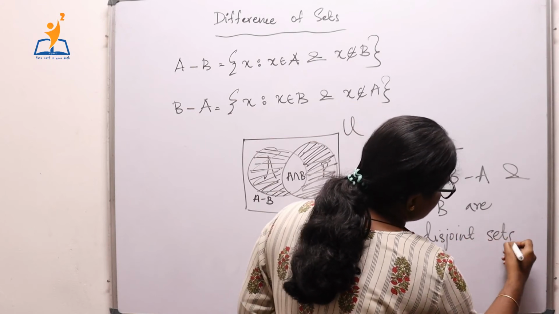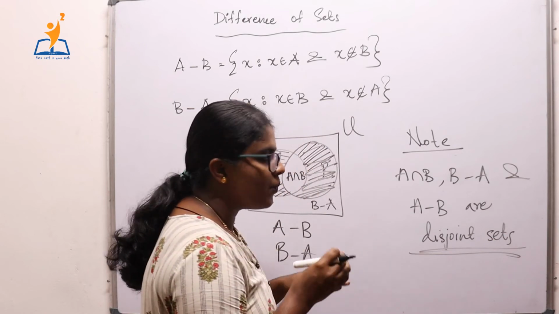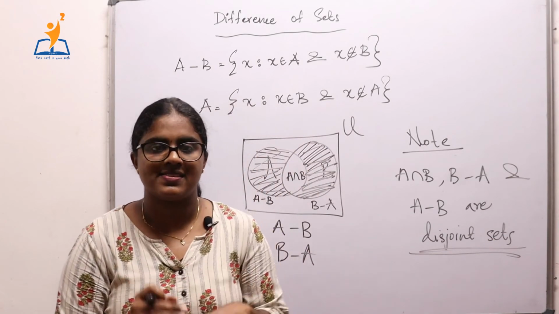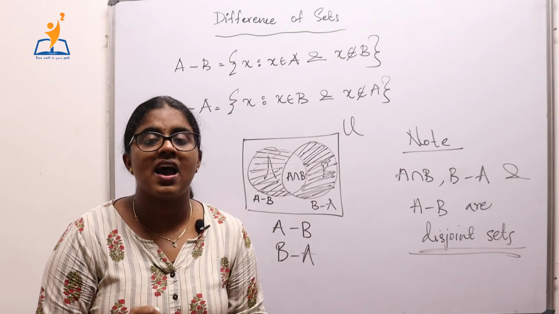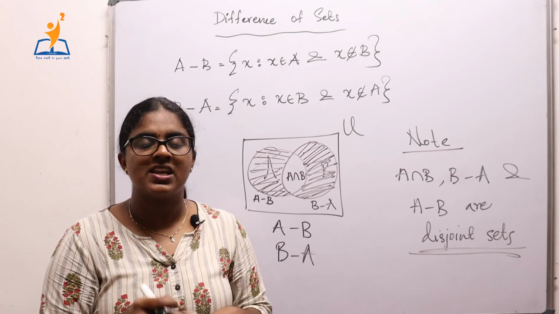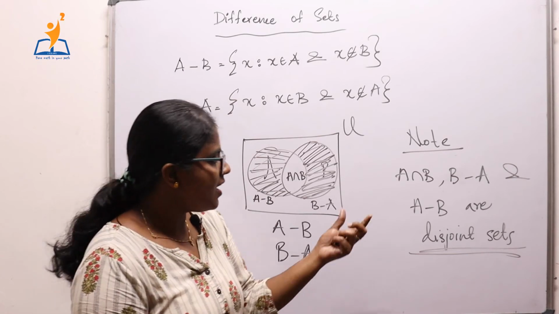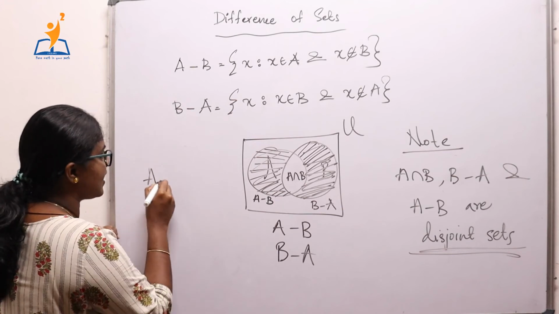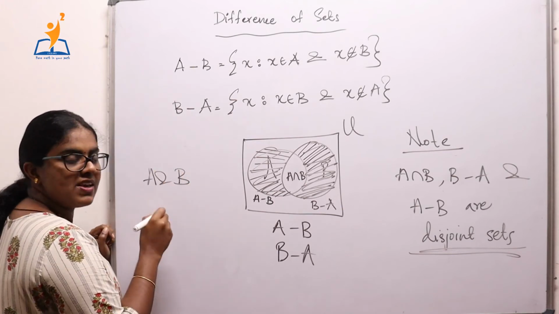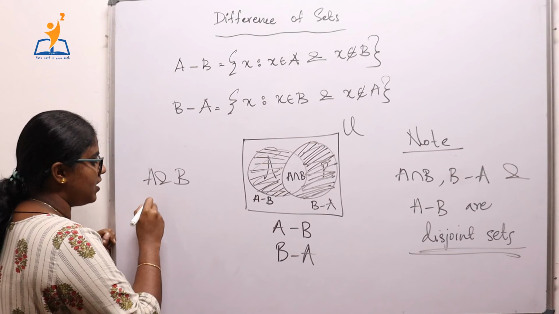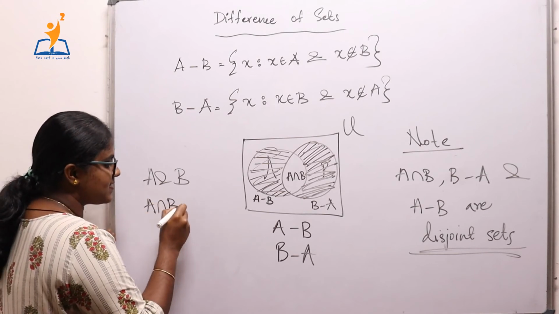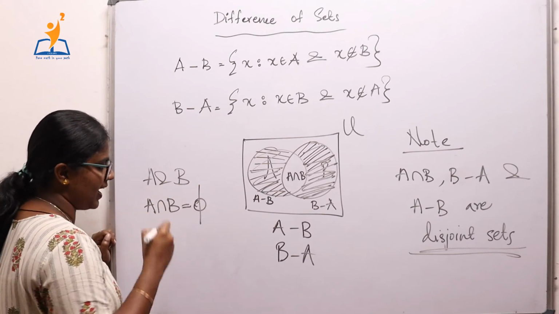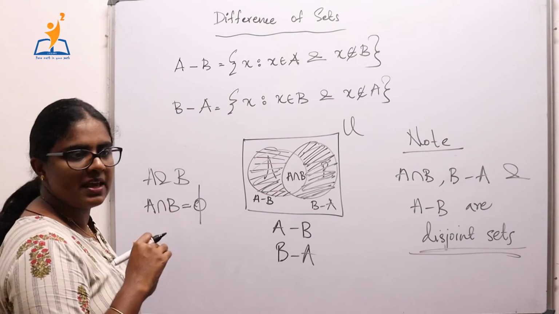Now in this case, what are disjoint sets? Disjoint sets are sets whose intersection is an empty set. We say A and B are disjoint only if A intersection B is equal to the empty set. Their intersection should be an empty set.